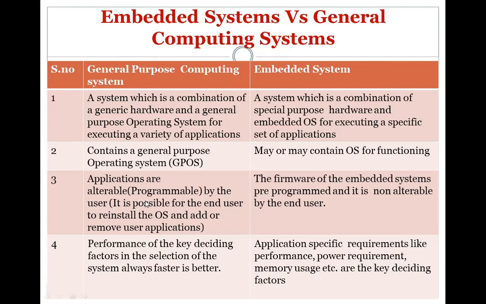Now, applications are alterable in the case of general purpose computing. In the case of an embedded system, once the program or firmware is written in the memory, it cannot be altered.